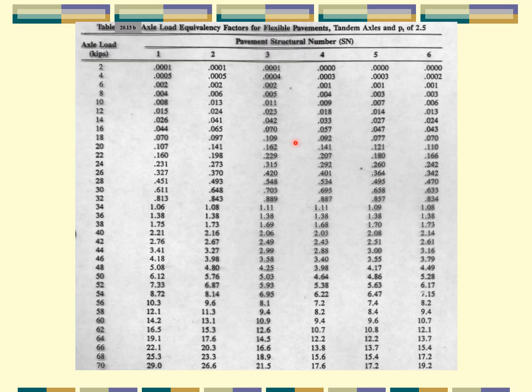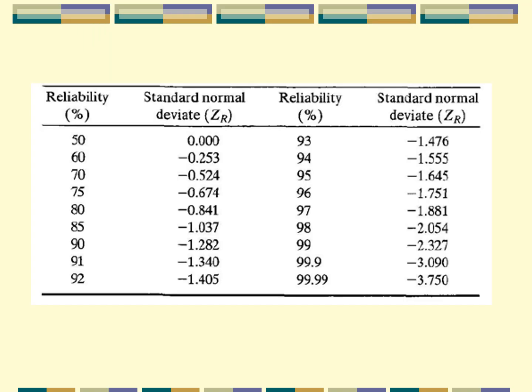Well, this table is the axle load equivalency factor for flexible pavement tandem axles, and pt is again 2.5. And this is the complete table where the reliability and the standard normal deviates, ZR, and the other part of the table is present over here.